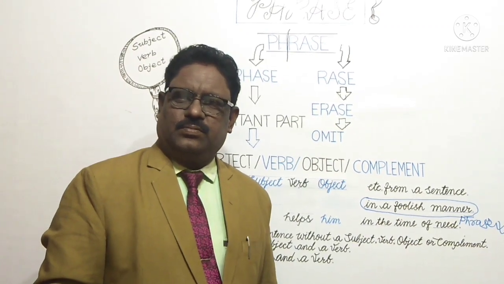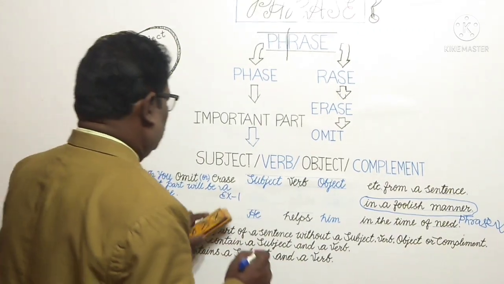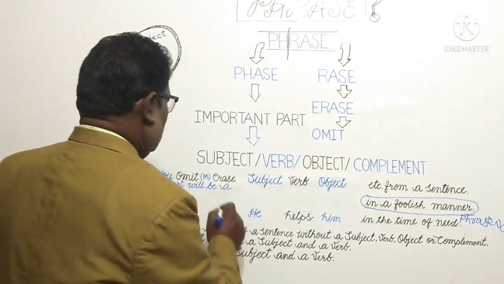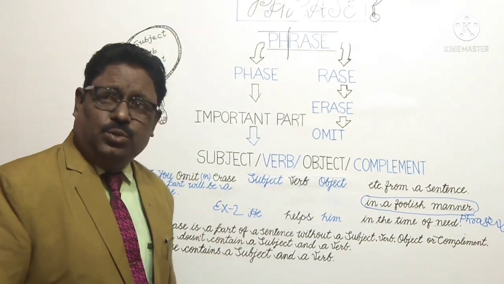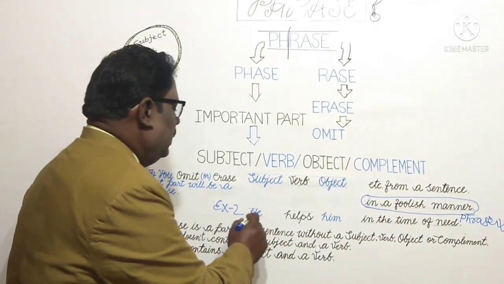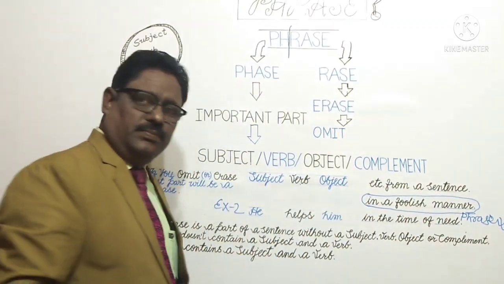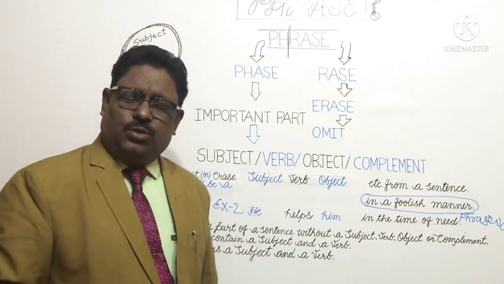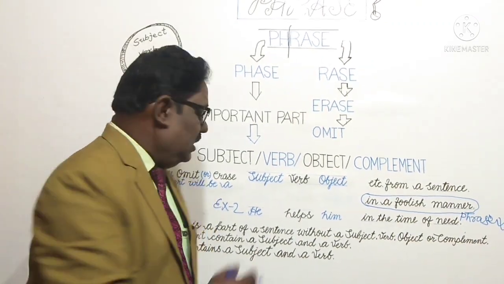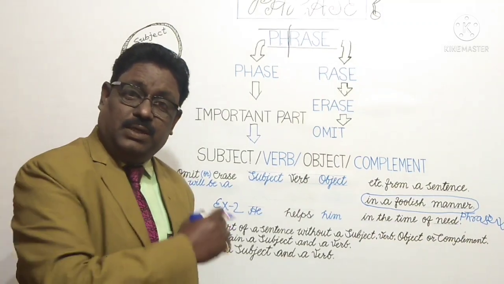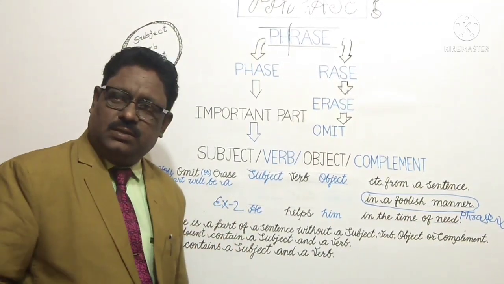Now, let's see example number 2. Example number 2 is, he helps him in the time of need. Now, my question is, what is subject in the sentence? In example number 2, he is the subject here.